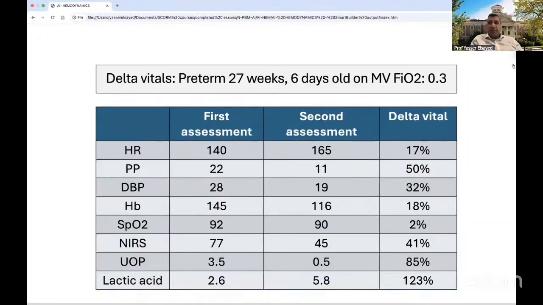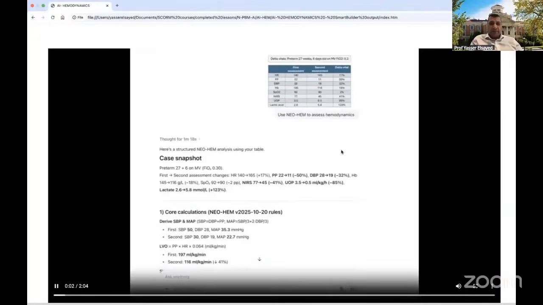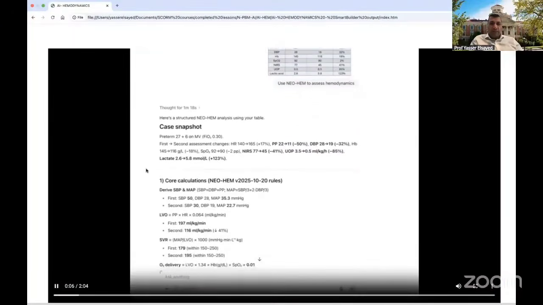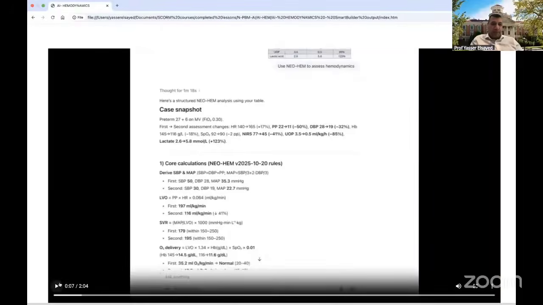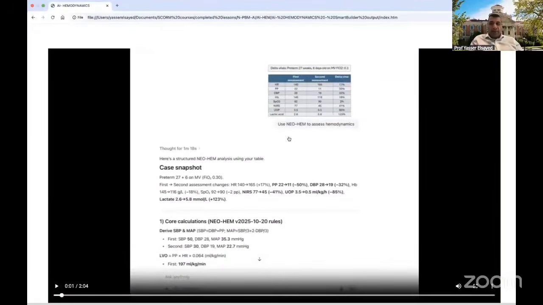And then you just need to enter this table into the twin expert. And I will show you, when we did that, how much information you can get. So look at the twin calculator. I asked the calculator to go back here, using a new heme, NEO-heme.